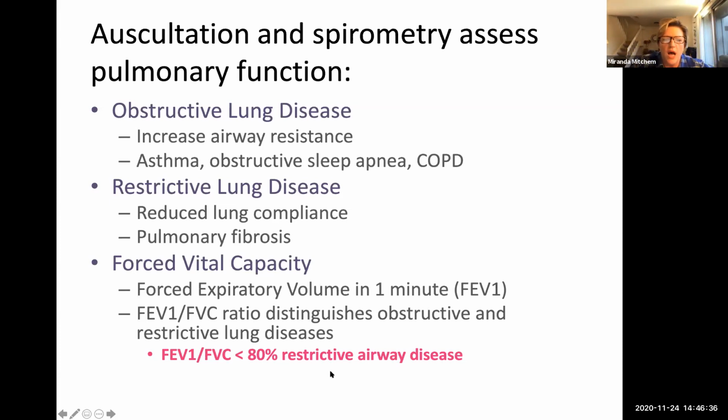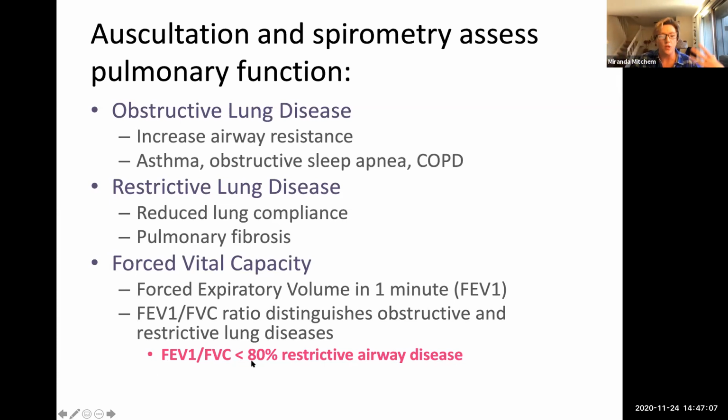Okay, let's talk about why. In obstructive disease, there is a change in the FEV1, but there's also a change in the FVC. Because the change is in both the numerator and the denominator in obstructive disease, we don't get a change. It's proportional. But in restrictive disease, it's different.